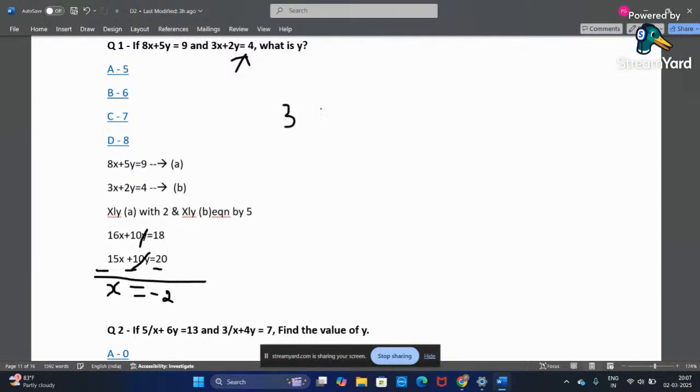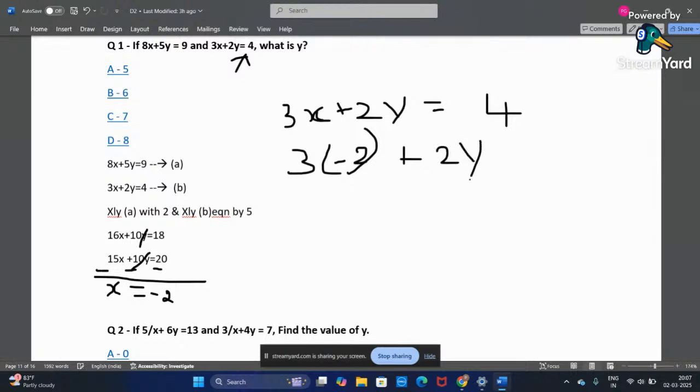So what is our equation? 3x plus 2y equals 4. What is our x here? 3 into minus 2 plus 2y equals 4. Here it is minus 6. Take this 4 to this side, then it will become minus 4.